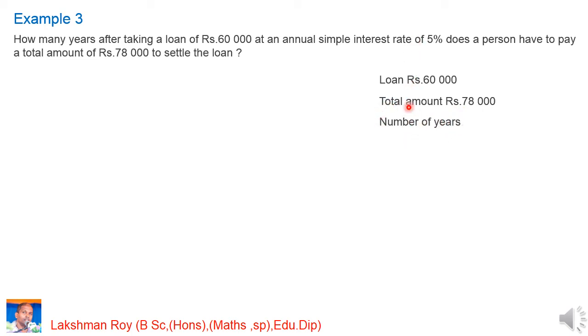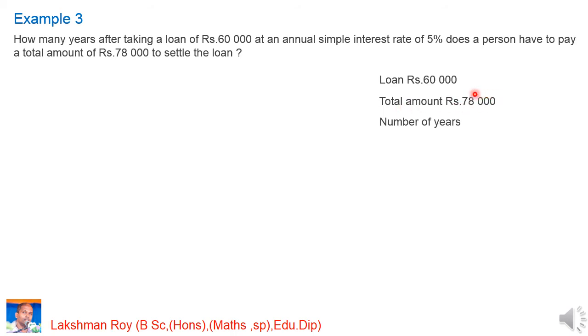Now you have an idea what this total amount is: total amount means, student, loan amount and total interest. So within this 78,000, the loan is there, that means 60,000 is there, and the total interest is there. So we don't know the number of years.